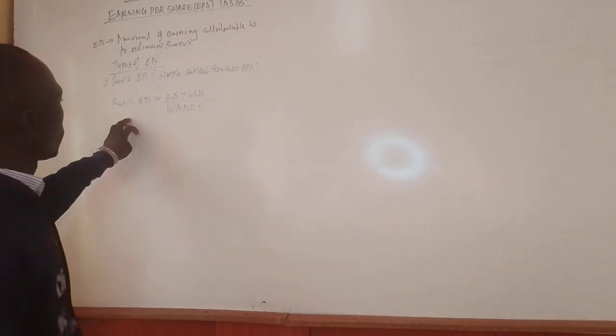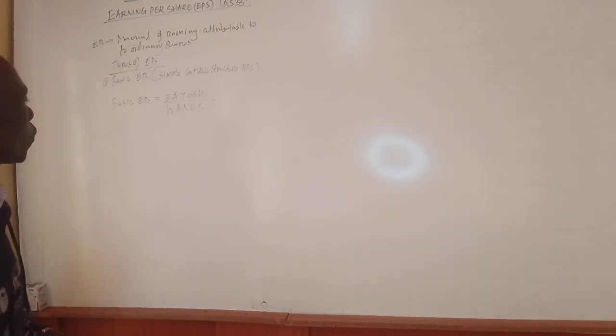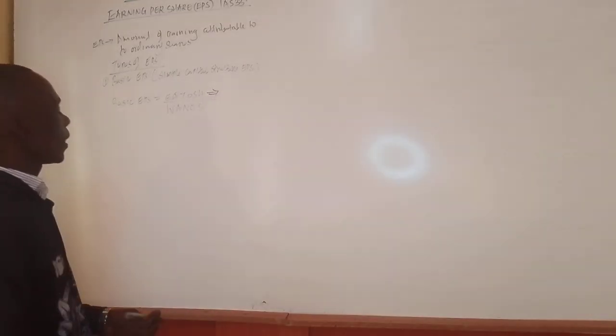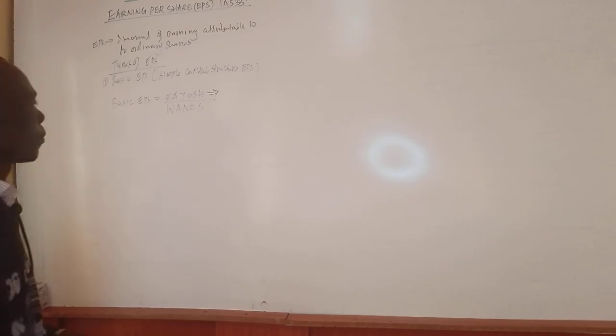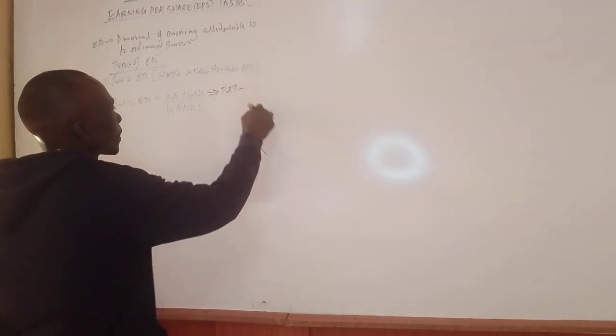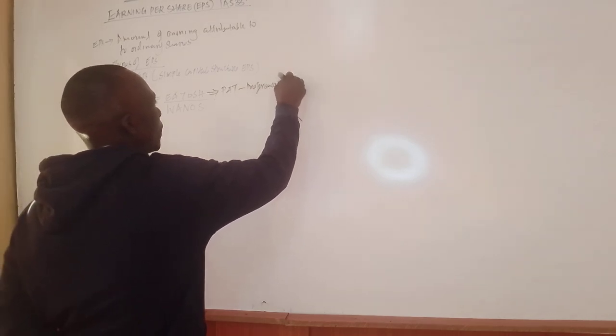So under the basic EPS, you will be taking the earnings attributable to ordinary shareholders, whereby for you to get the earnings attributable to ordinary shareholders, you take the profit after tax, then you subtract the preference dividend.